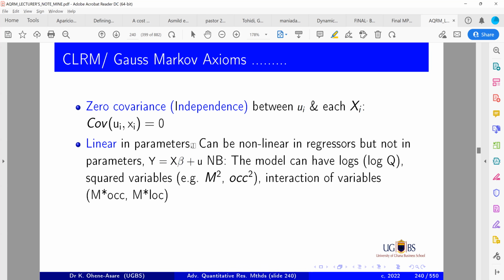There must be a linear relationship between Y and X. Please note, when we say linear, we are talking about a line. Linear is not curvilinear, it's not quadratic, it's a line.